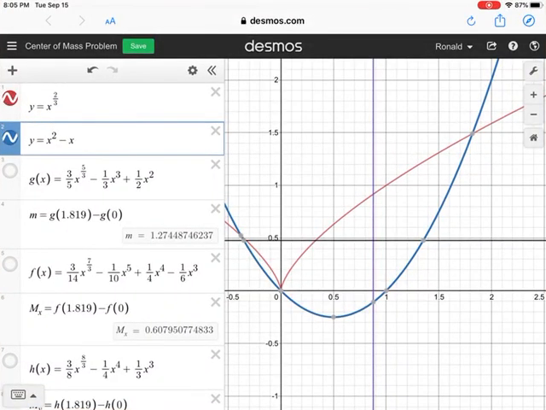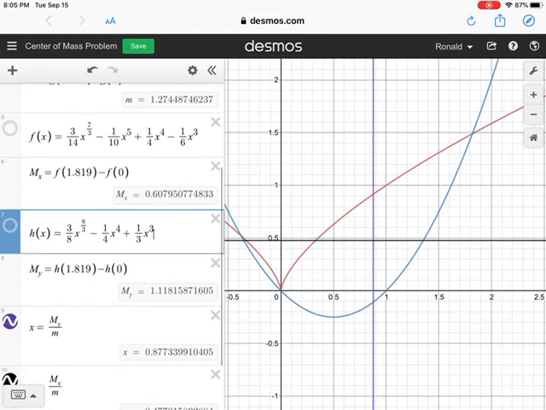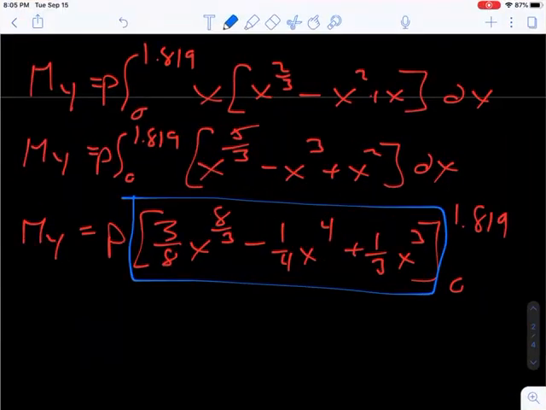And I call that h of x. So that's h of x, 3/8 x to the 8/3 minus 1/4 x to the fourth plus 1/3 x cubed. And I evaluated h of 1.819 minus h of 0, and I called that capital M sub y, the center of moment about the y-axis. And so that is 1.118. Is that what it was? Yeah.